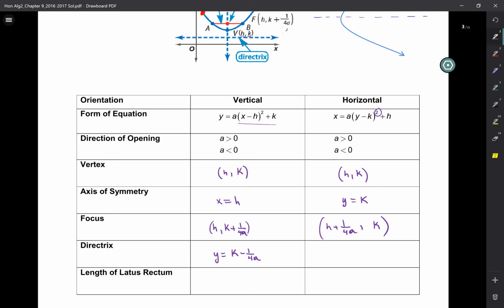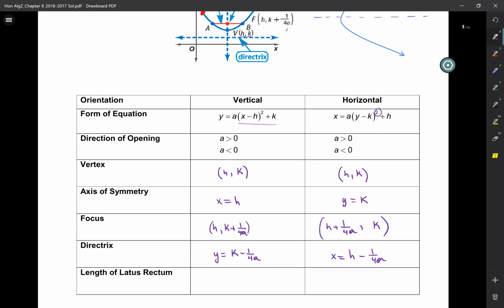You have to switch the x value and go over. And then what about the directrix? If the axis of symmetry was y equals k, then the directrix is going to be x equals, and it's going to be in the opposite direction, so h minus 1 over 4a.